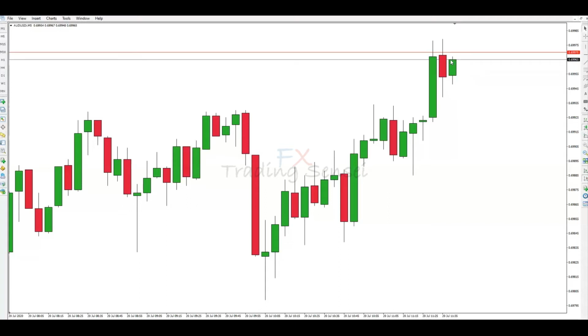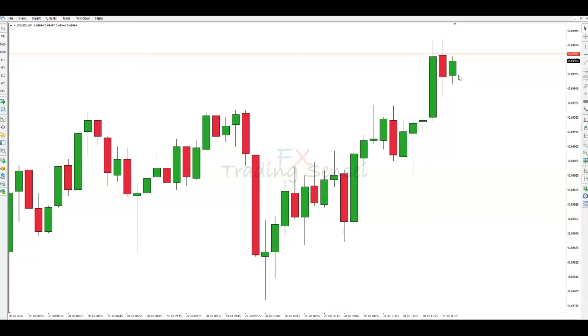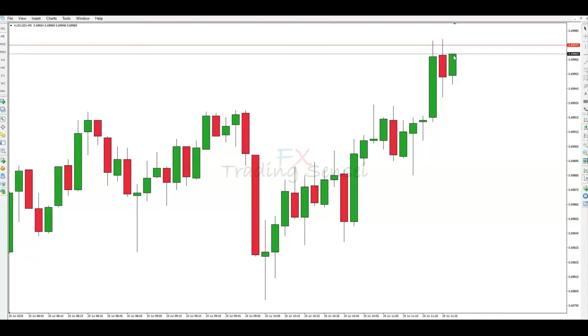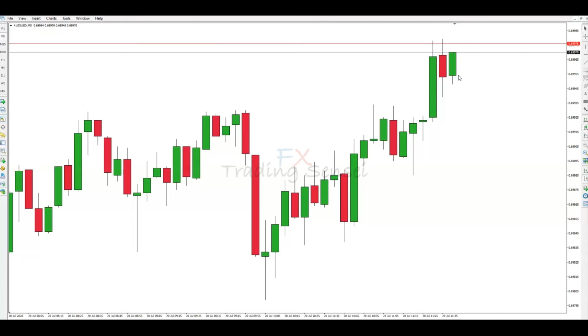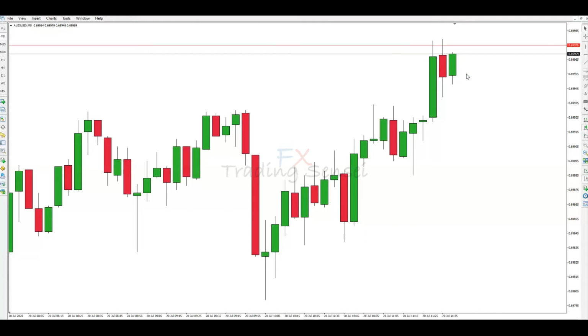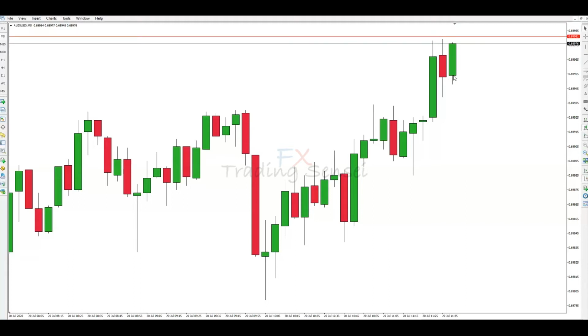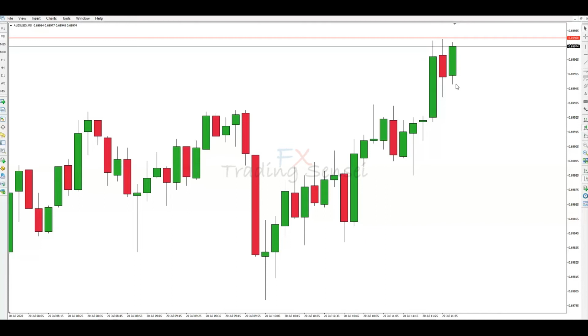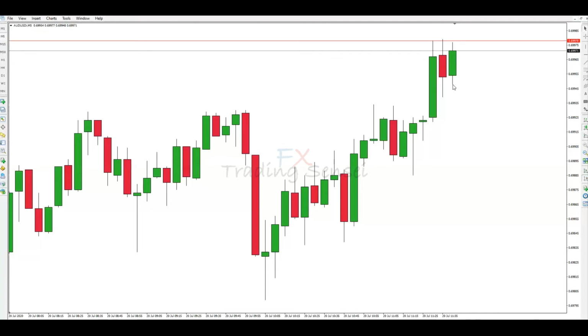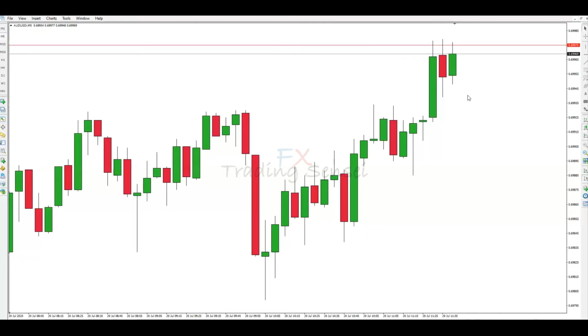Now the reason the body of this candle is green is because the current price, which is the one that's moving here, is higher than where it started. So the opening price would be right here, this horizontal line. And as long as the price continues to move above this opening price, this candlestick would be green. And it's green because that is how I customize the colors to show the bullish candles as green and the bearish candles as red.